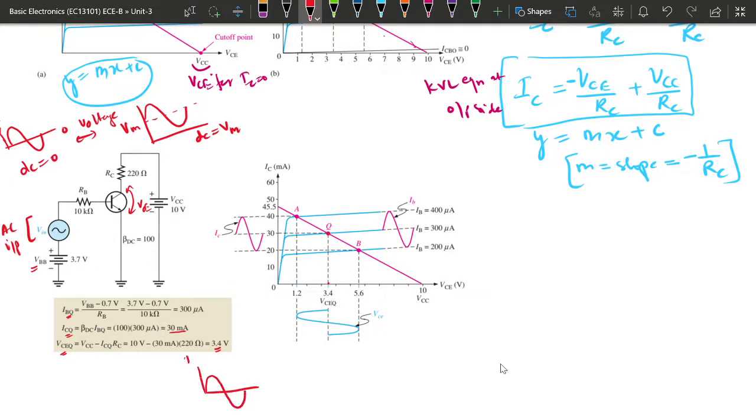suppose this is the current of the AC signal, or we can just write I in. So this is the input current, having DC value 0. Similarly, once we have applied the VBB, we are going to have some IB, that is 300 microampere.